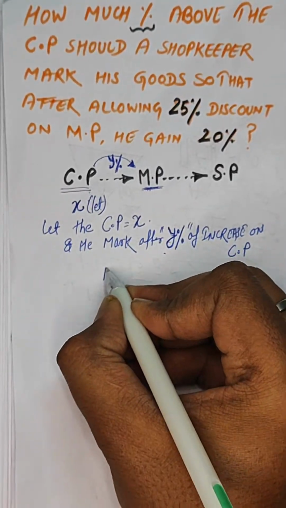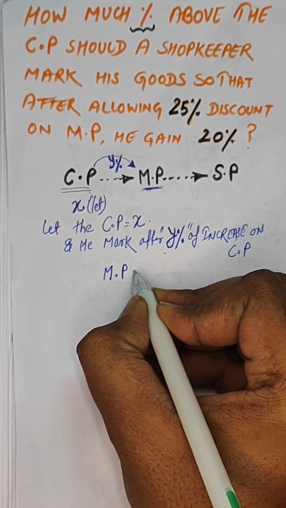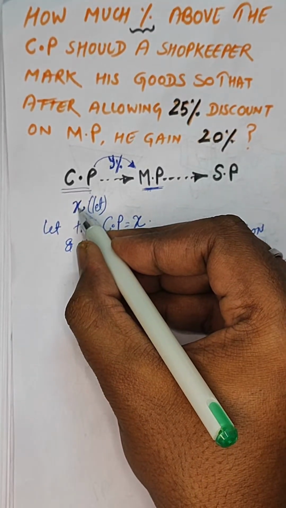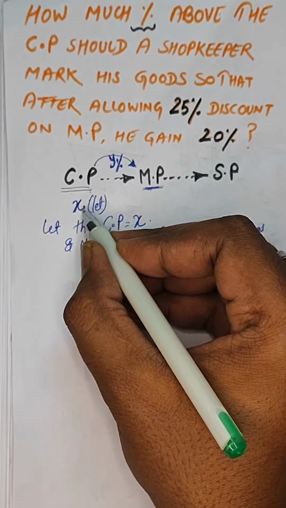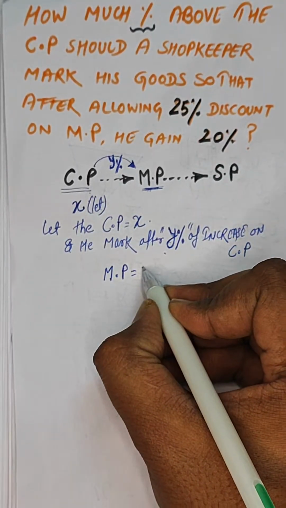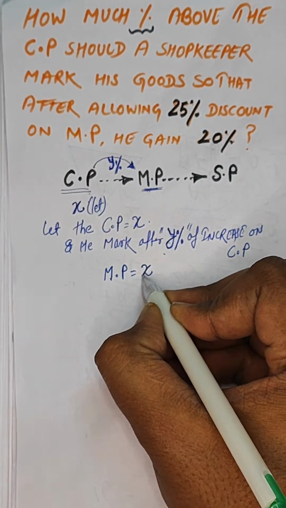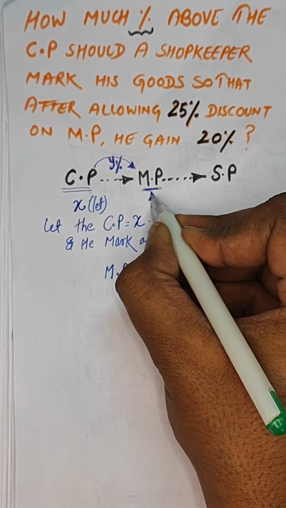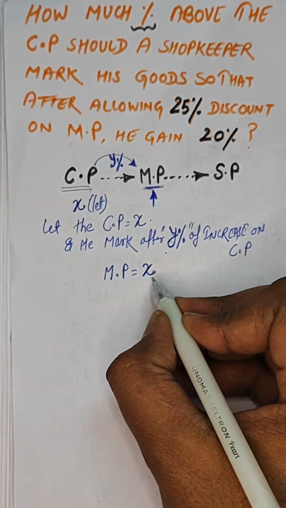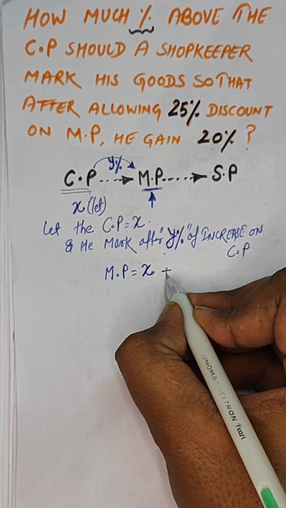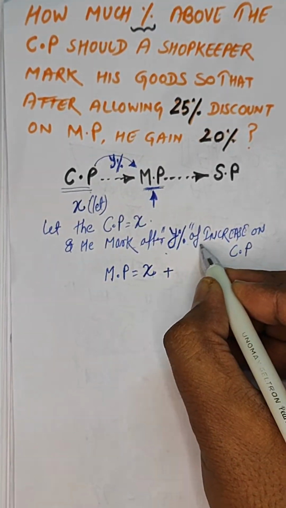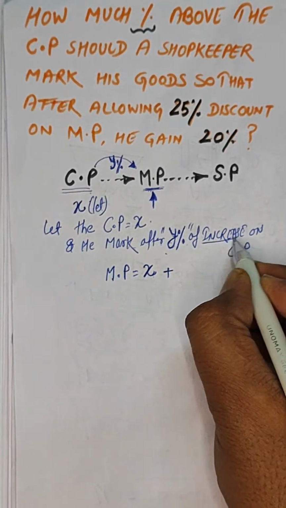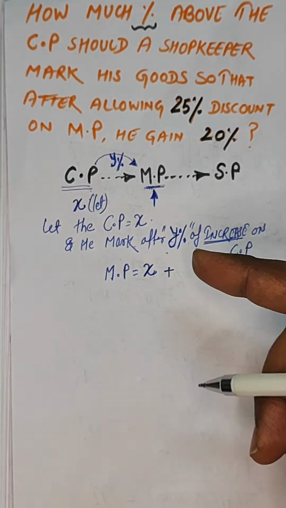So the mark price will become not X. This is the cost on which he purchased it from the wholesale market. So the mark price which he pasted on the sticker of the goods will be X plus Y% of increase, that means he just added some extra.